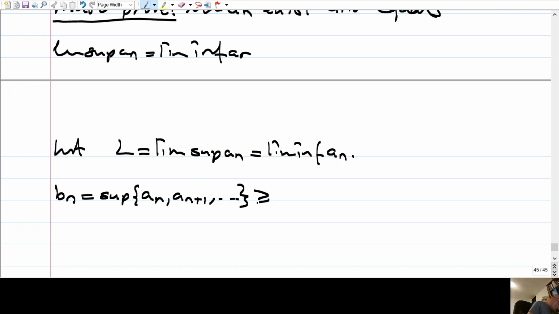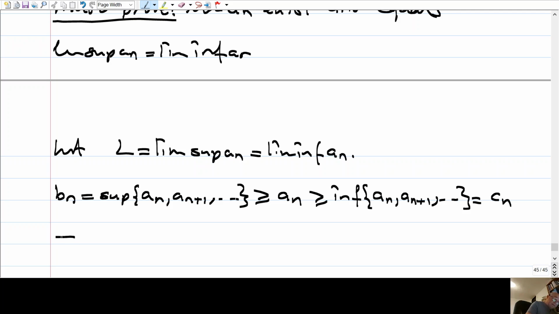So this supremum is of course larger than an, and this is clearly larger than or equal to the infimum of these elements, and this is just Cn. So an is sandwiched between Bn and Cn, right?